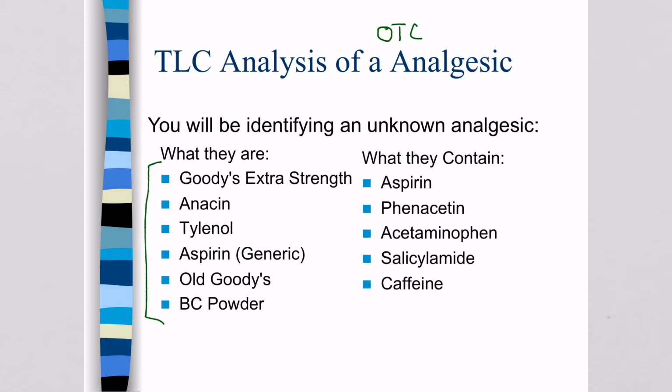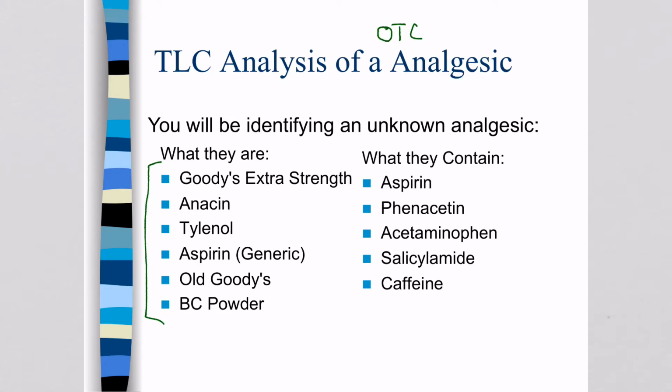If you're not from the southern United States, you might not know that these headache powders are very popular compared to regular tablets that many folks take to relieve aches and pains. Now, all of these over-the-counter analgesics have different compounds in them.